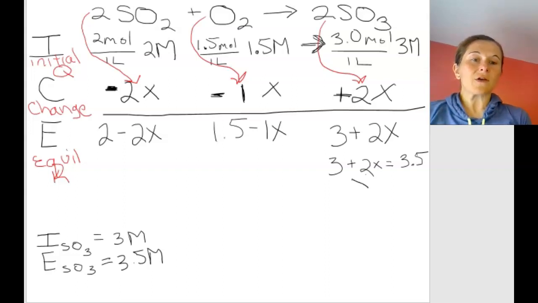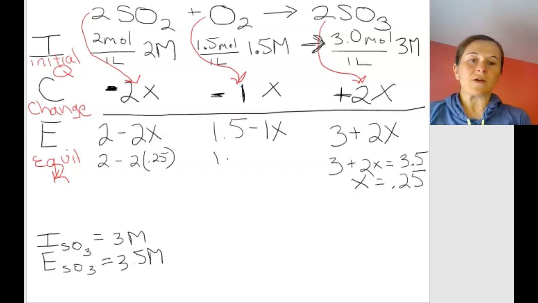So now we can solve for x. We do not need a calculator for this guy. And that is going to be 0.25. So now we can pop 0.25 back into all of these guys, right? So we're going to have 2 minus 2 times 0.25.